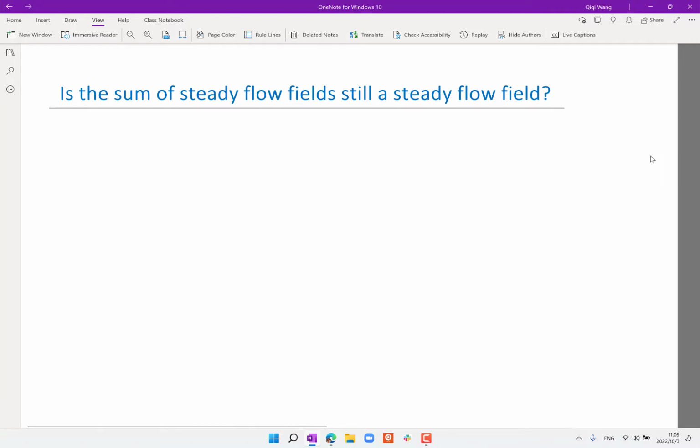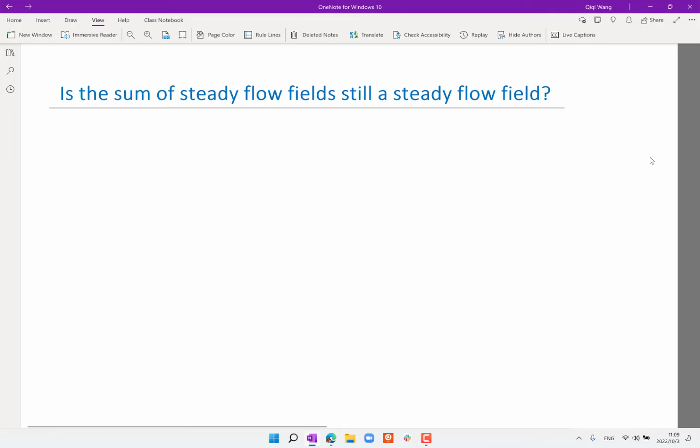The first thing I want to get clear is the answer to this question. And I want you guys to think about yes or no, and why is that? Let's just consider 2 steady state flow fields, right? So we have one steady state flow field that's all valid, right? Satisfies conservation of mass, conservation of momentum, conservation of energy equations.